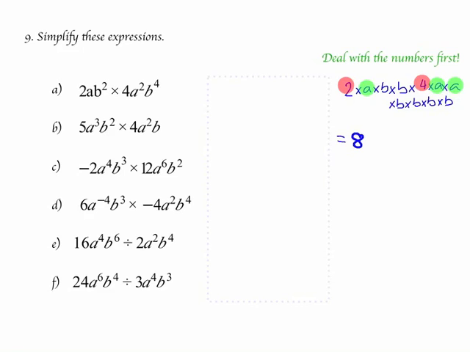I've got 3 a's that I'm multiplying together, so that's just going to be a cubed. I have got 1, 2, 3, 4 b's together, so that's b to the 6. If I simplify that, I've got 8a cubed b to the 6.